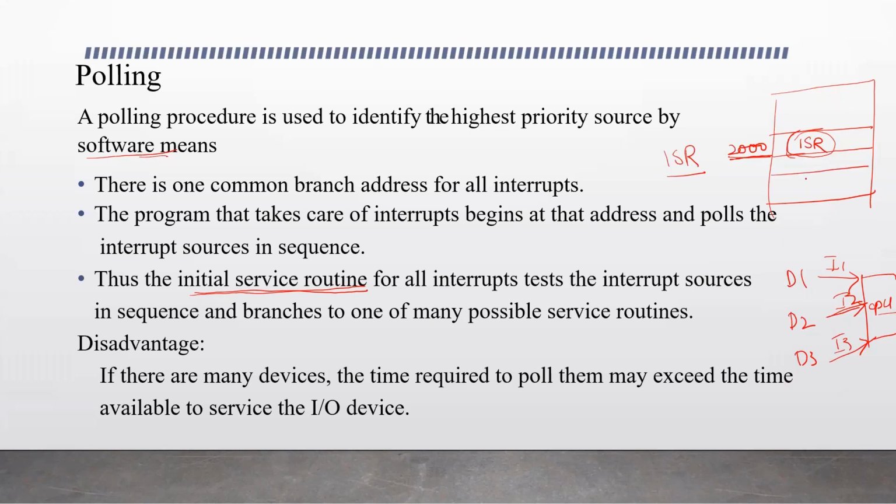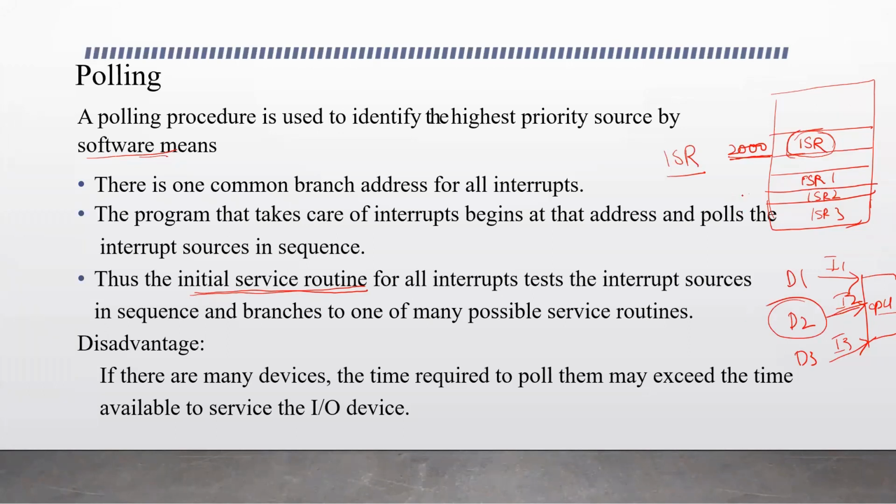There are three interrupt service routines, ISR 1, ISR 2 and ISR 3, stored in different locations in memory. If ISR 2 was chosen, based on this set of instructions, device 2 was chosen.